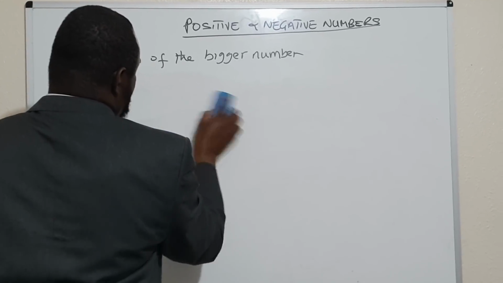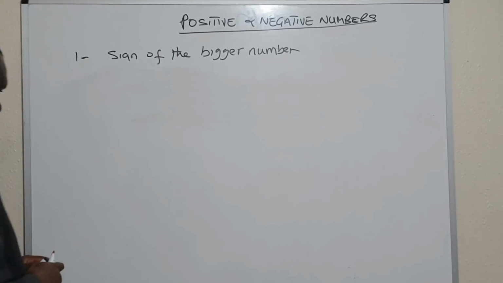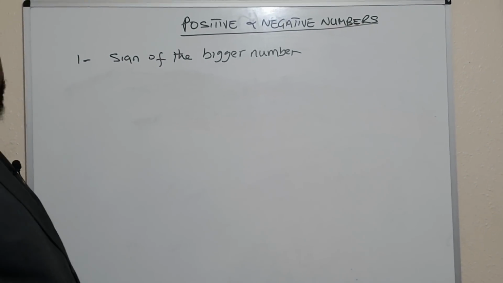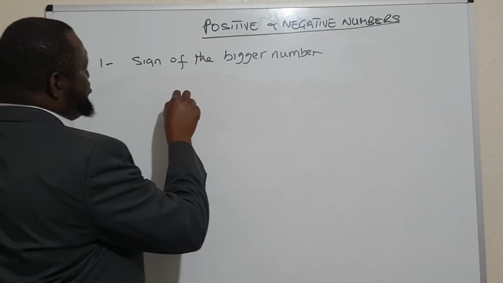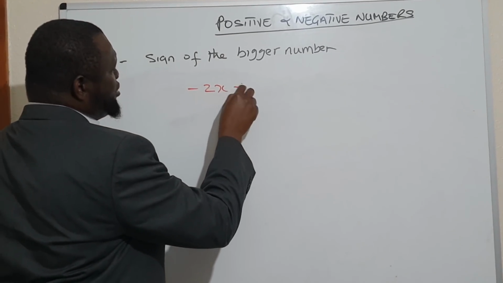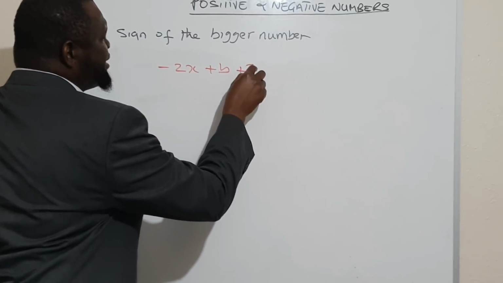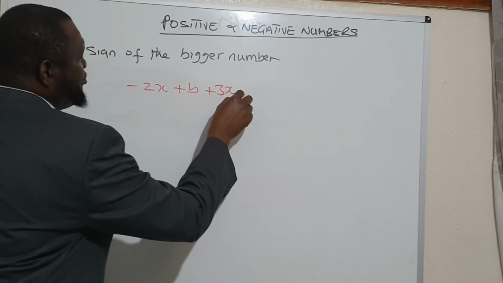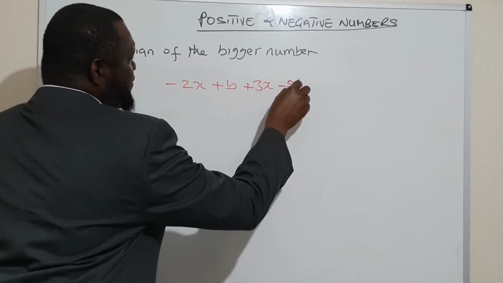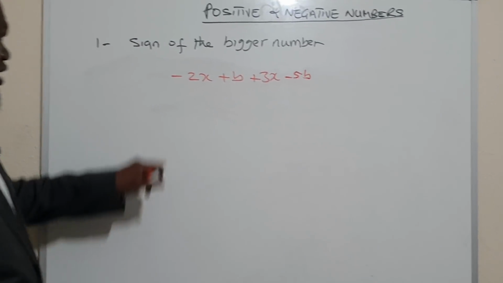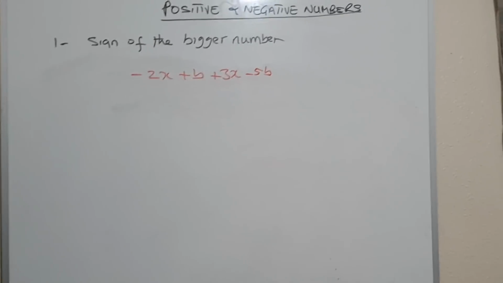Now you know when you come to algebra, you'll have to know how to manipulate this. If somebody tells you minus 2x plus b plus 3x minus 5b. Now, I want to demonstrate how you apply this in algebra.